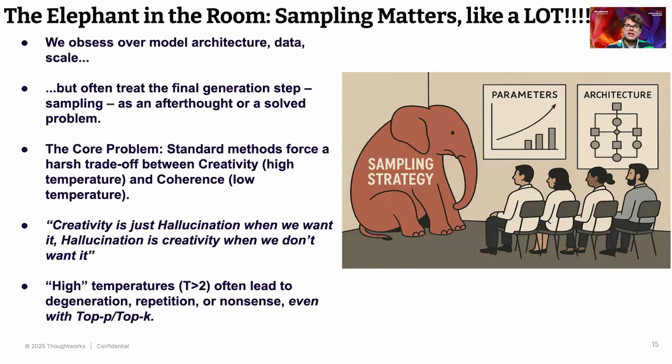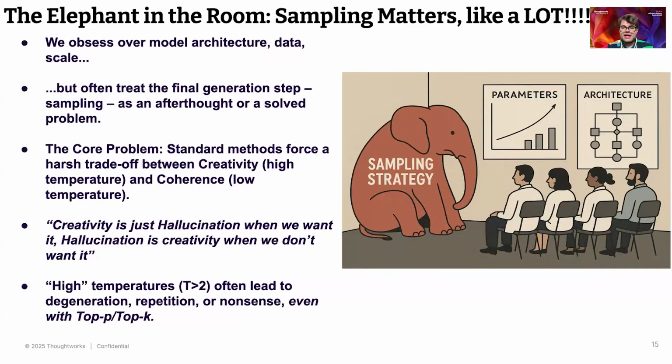And even with top P and top K, and even if you've chosen a setting that's right for one prompt, eventually you find a prompt where the model starts spitting out repetitive loops, nonsensical phrases, just loses the plot entirely. So we get creativity or coherence, rarely both. And by the way, creativity is just hallucination when we want it. Hallucination is creativity when we don't.